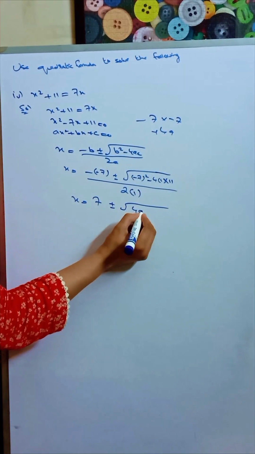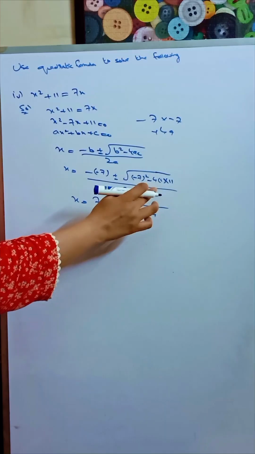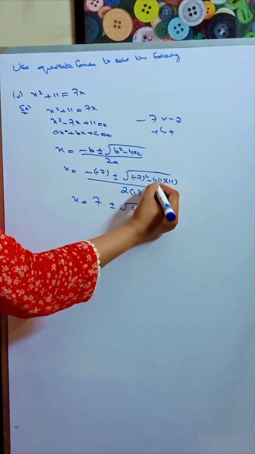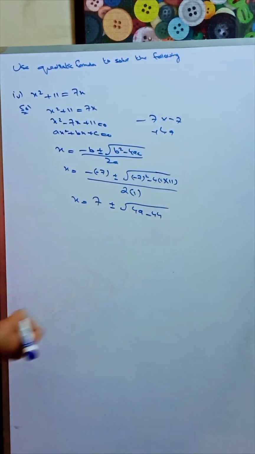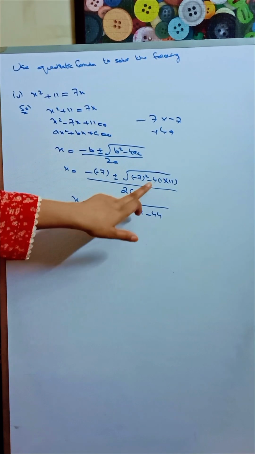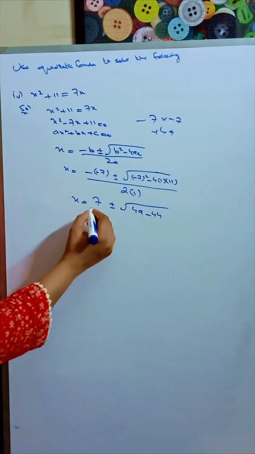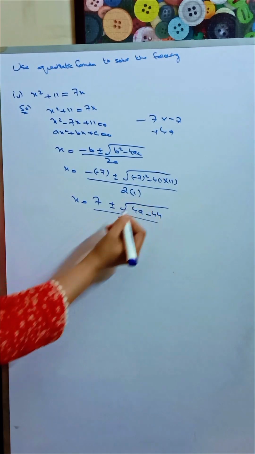So 49 minus 4 times 1 times 11, and 4 11s are 44. Clear? 4, a is 1, c is 11, 4 11s are 44. I hope it's clear. Now solve it. Over 2a, 2 ones are 2.